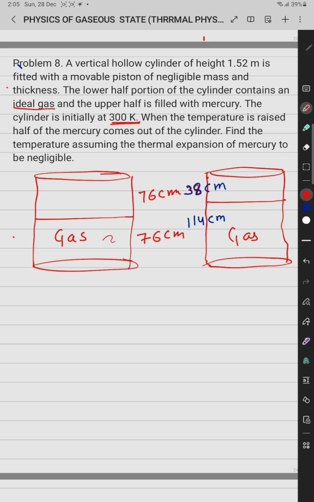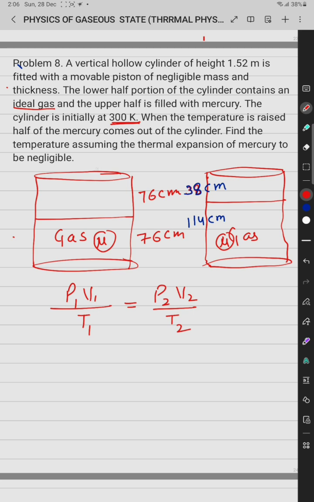Now initially, suppose the number of moles of the gas is mu, then still the number of moles is mu. It means P1 V1 upon RT1 is equal to P2 V2 upon RT2. The number of moles or mass of the gas is conserved.